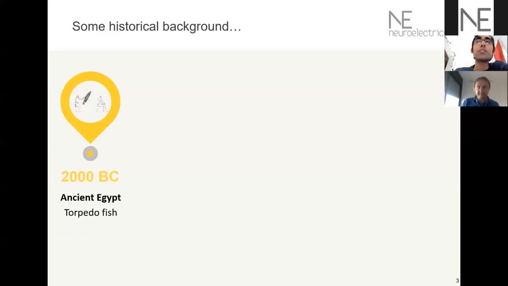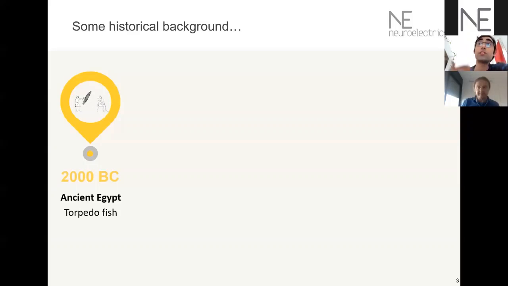Apparently the first reported use of electrical stimuli for clinical applications comes from the Egyptian times, where they reported the use of the torpedo fish, which is an electrical fish, to cure certain diseases like migraine or muscle pains. The torpedo fish uses electrical discharges to hunt for prey and for self-defense.